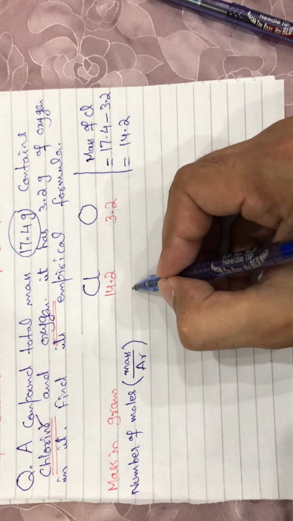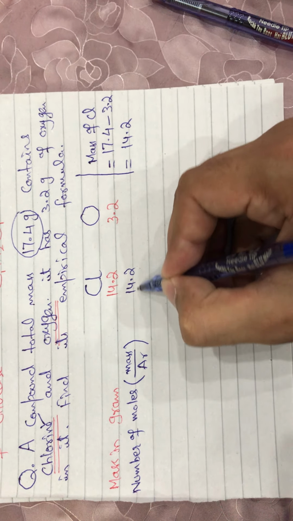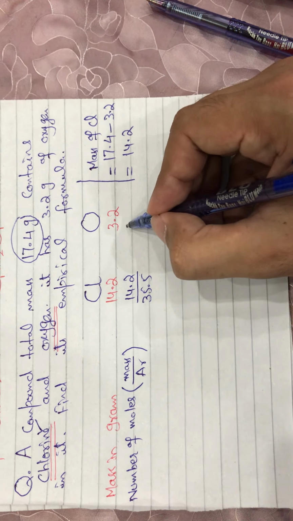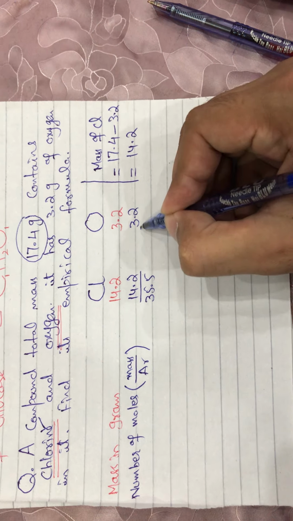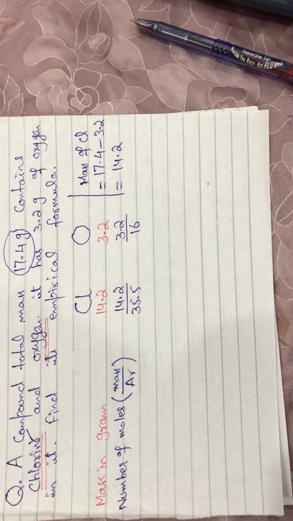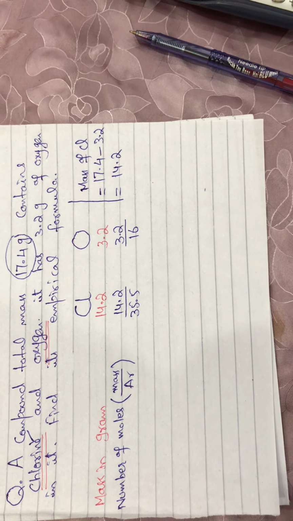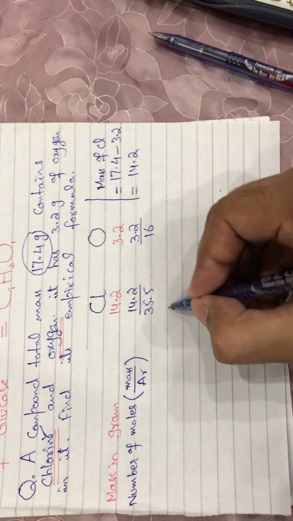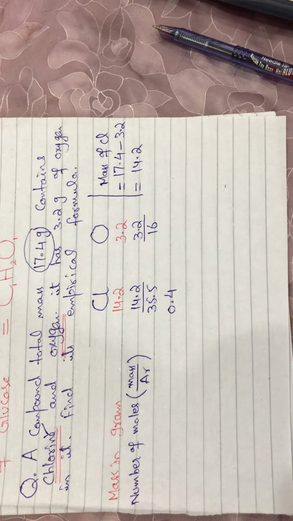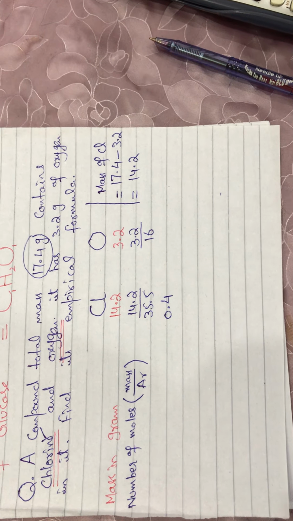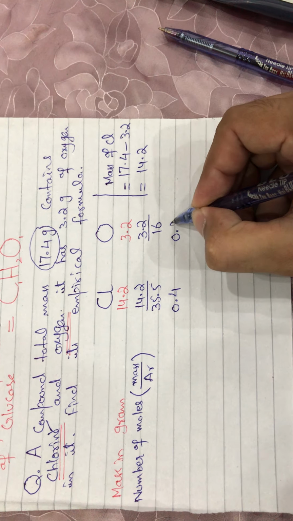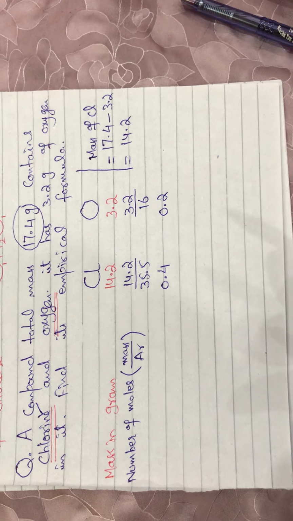The mass of chlorine is 14.2 while its relative atomic mass is 35.5. Oxygen is 3.2 mass and its relative atomic mass is 16. Now 14.2 divided by 35.5, the answer will be 0.4. The number of moles for chlorine is 0.4, and 3.2 divided by 16 gives 0.2.